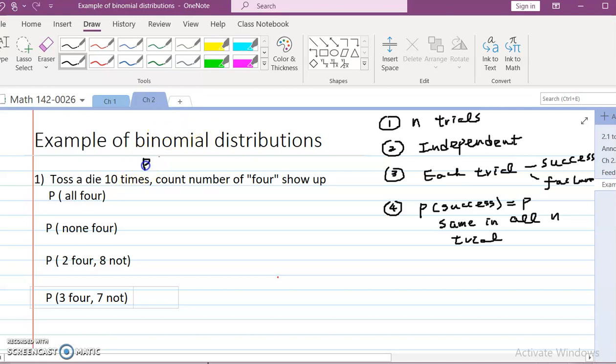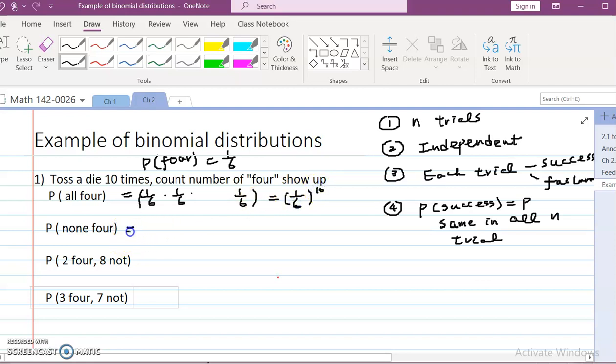Looking at the probability of a 4 in one trial, it is 1/6, because you can have 1, 2, 3, 4, 5, 6, and this is one of them. For all 4s, the first time is 1/6 that you get a 4, and all of them are the same because when you are tossing dice, they don't interfere with each other. So it is 1/6 to the power of 10.